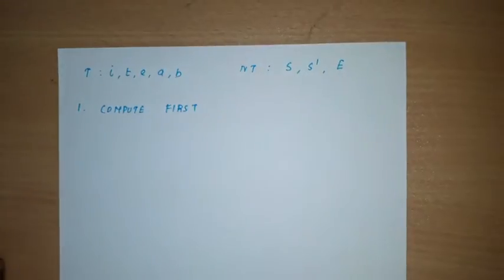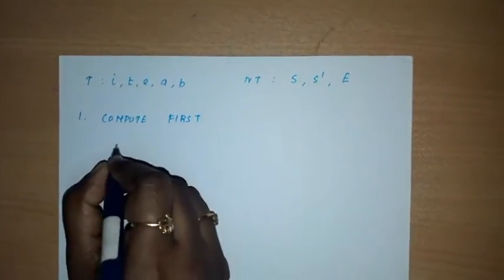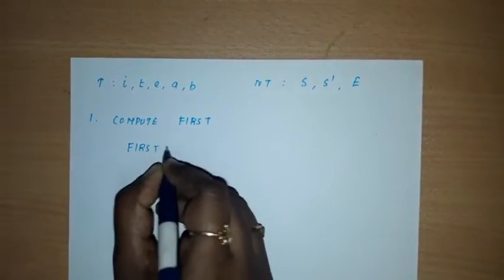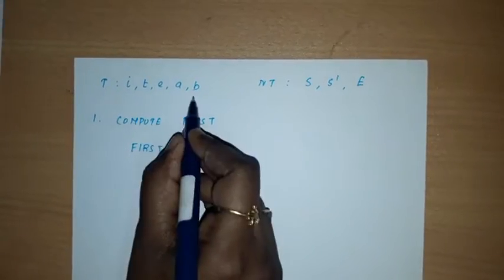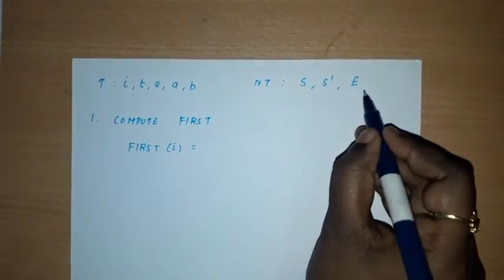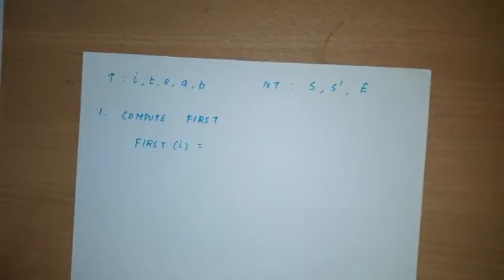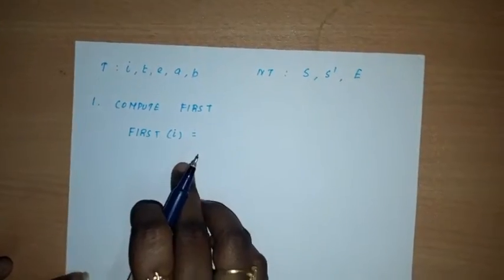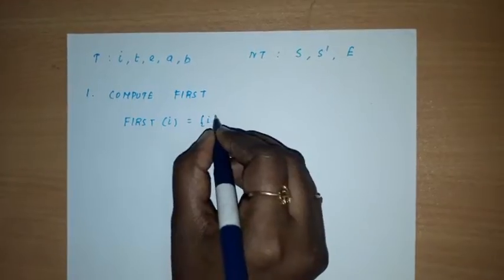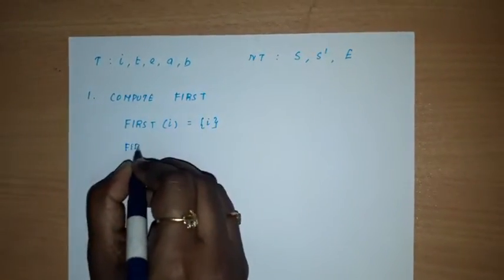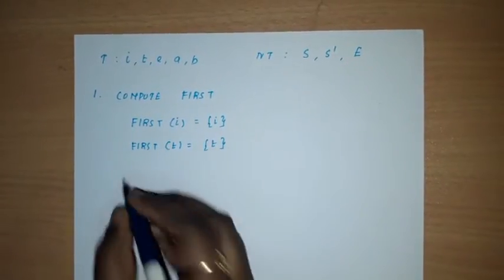First find the first value of all terminal symbols, then find the first value for all non-terminal symbols. First of small i: I already told the rule that first of a terminal value is the terminal value as it is, so the result is i. Then first of t: t is a terminal value, so the answer is t.